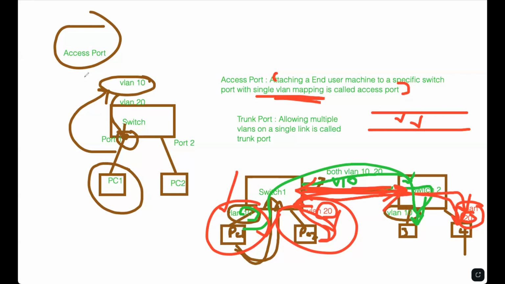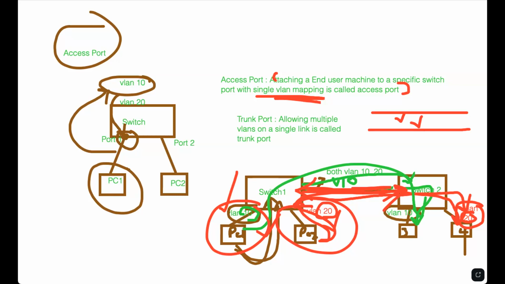So there is nothing to do with the ports here, sir? Basically, in the first example where you talked about the access port, we differentiated with port 1 and port 2. Here we are just dealing with the tags. So will the ports play any role here, or do we only need to go with the tags?